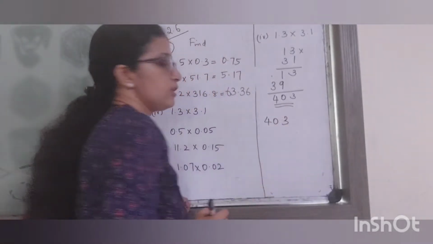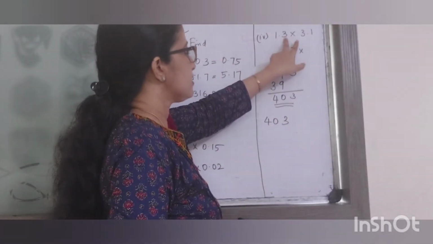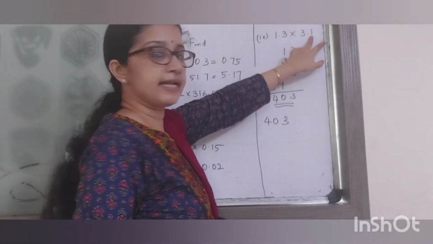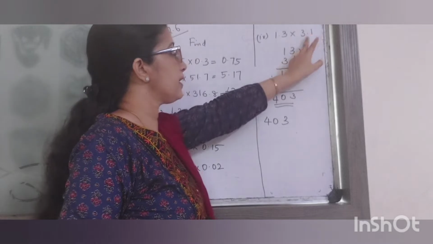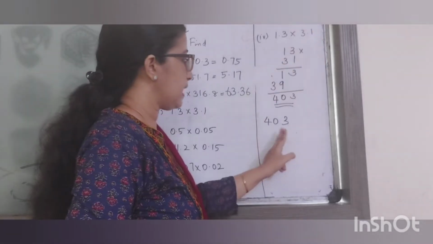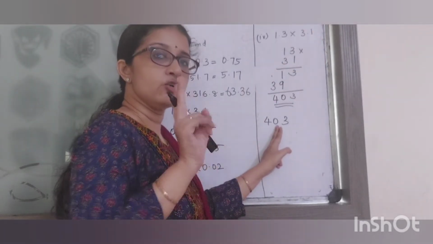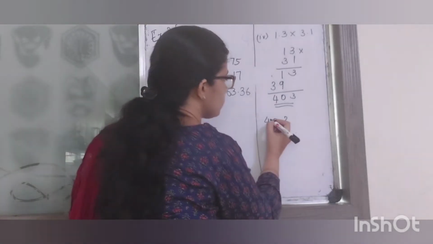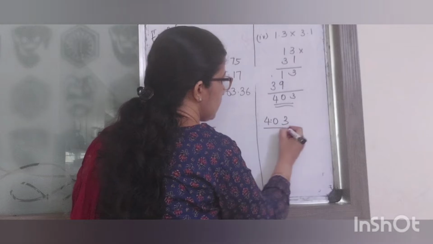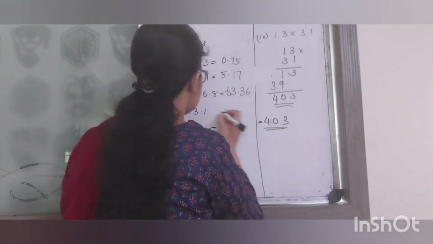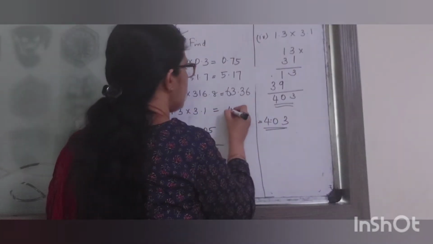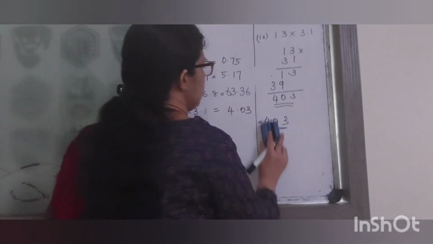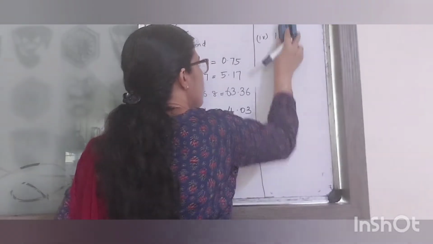Now where should we put the decimal point? In the first number, one digit is there to the right hand side of the decimal point. In the second number also, one digit is there to the right hand side of the decimal point. So in the answer, how many digits should be there? 2 digits should be there to the right hand side of the decimal point. So we should put the decimal point here. So the answer is 4.03. Now let's take the fifth question.